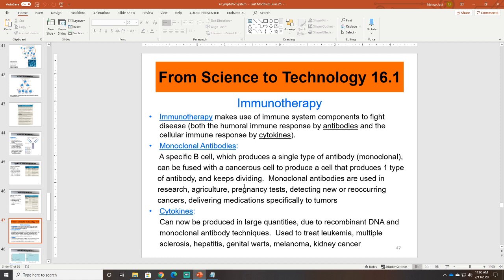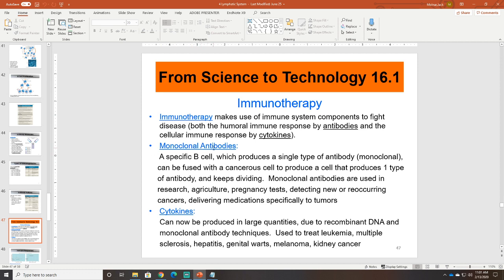All right. So immunotherapy makes use of the immune system to fight disease, both humoral immune responses by antibodies and cellular immune responses by cytokines. Cytokines are molecules released by cells as part of the inflammatory response. So you have monoclonal antibodies, which are a type of antibody.